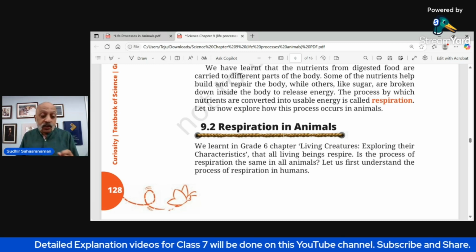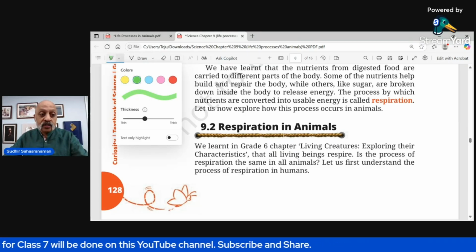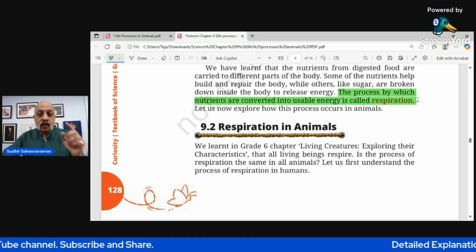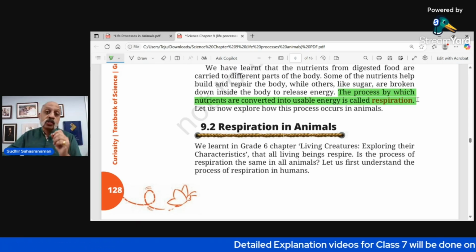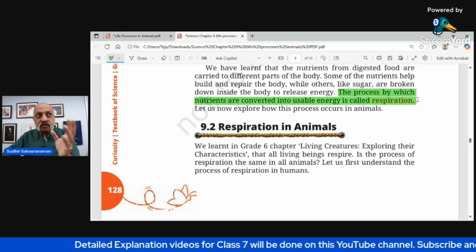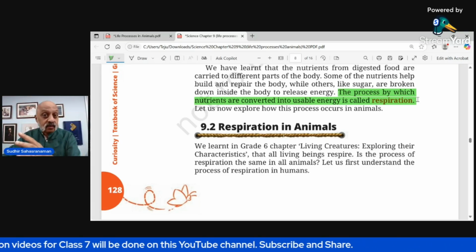Now comes the definition which you need to remember. The process by which the nutrients are converted into usable energy is called respiration. In normal language, we generally use breathing and respiration almost like synonyms.